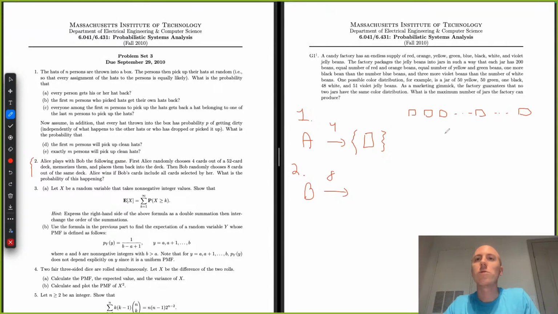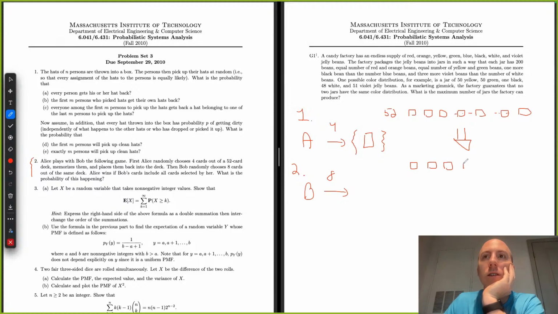I just really want to draw this out even more explicitly. So we start off with these 52, and as the result of this process, it's the same 52. But Alice chose 4 of them.